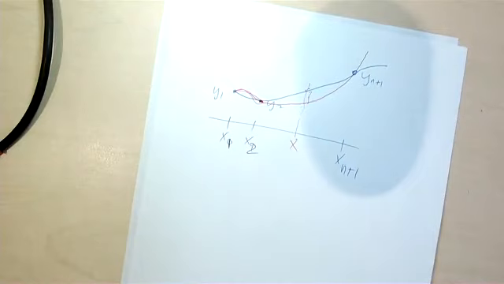Now there's a theorem that gives you the errors. The error can be written in this form. Look at this one: x is any point in the interval from x1 to x_{n+1}, and xi is just some number in between.